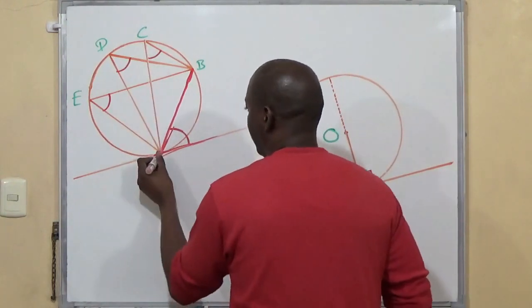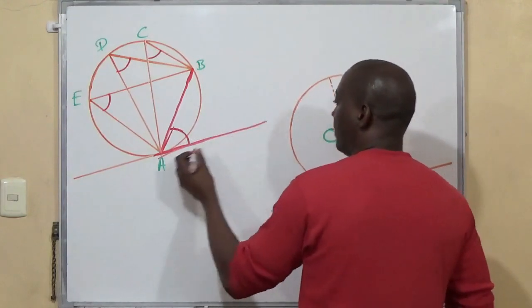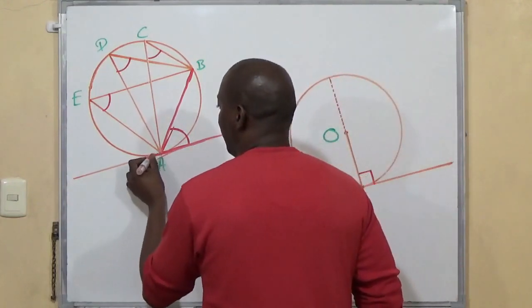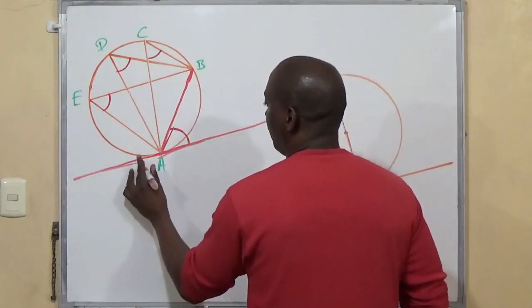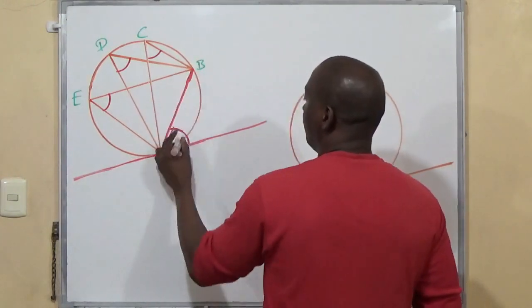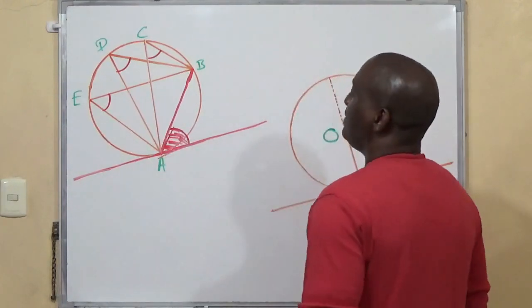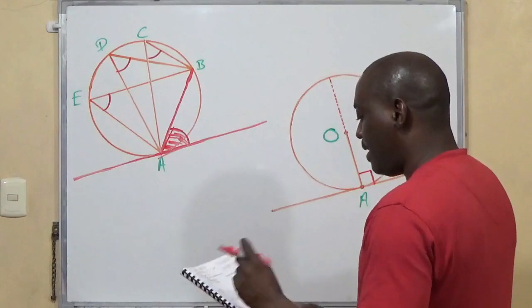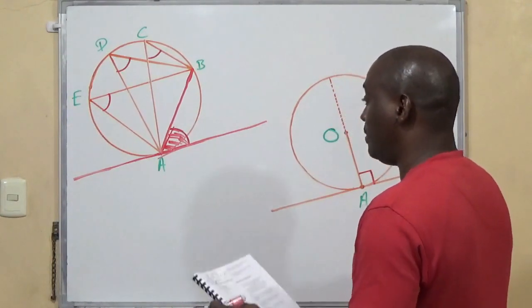AB is a chord, and this whole thing here is a tangent. So the angle formed by the tangent to a circle at the point of contact and the chord, this here is the angle, is equal to the angle subtended by the chord in the alternate segment.